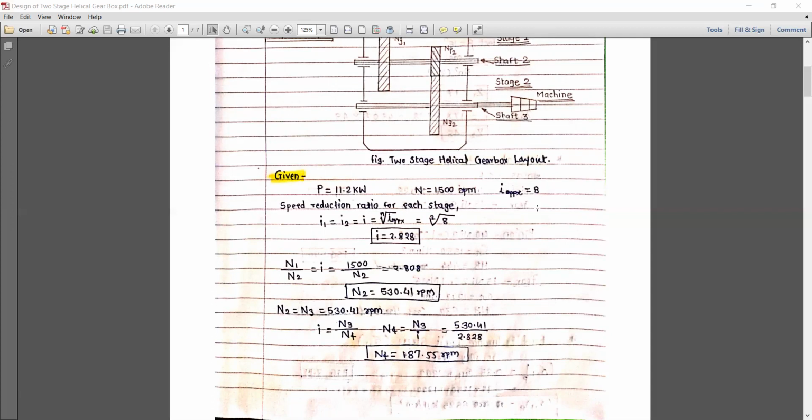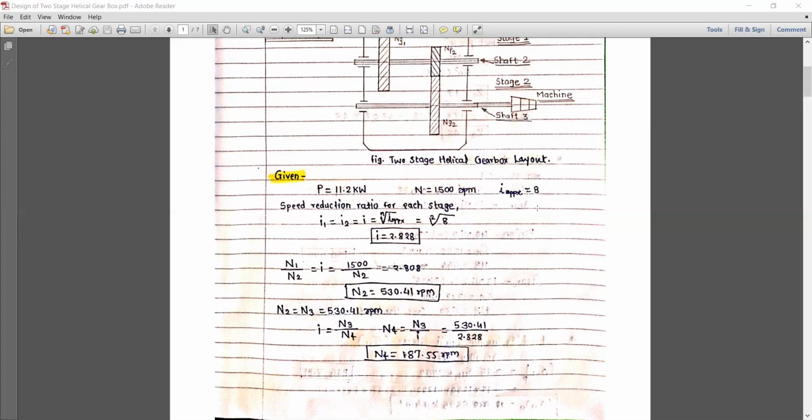We need to find out the speeds, because the input speed is 1500 rpm and we don't know the output speed, only the reduction ratio. So based on the transmission ratio for each stage, we can find the output speed.